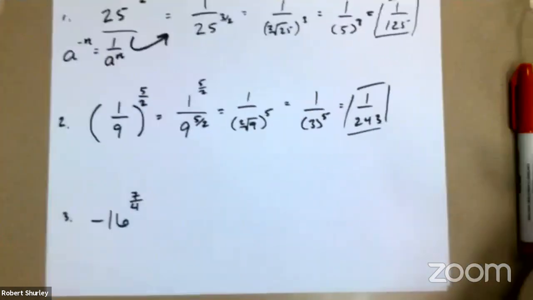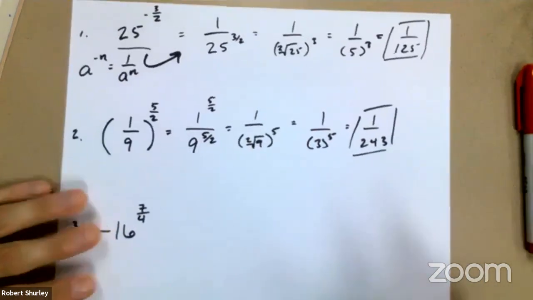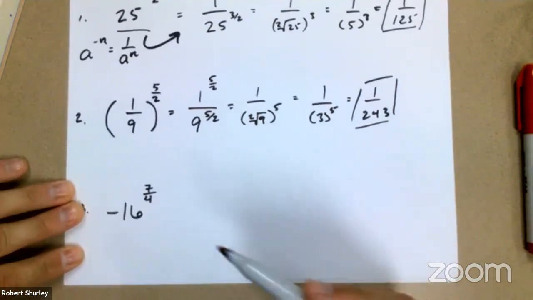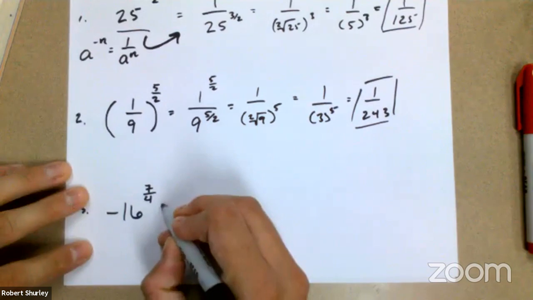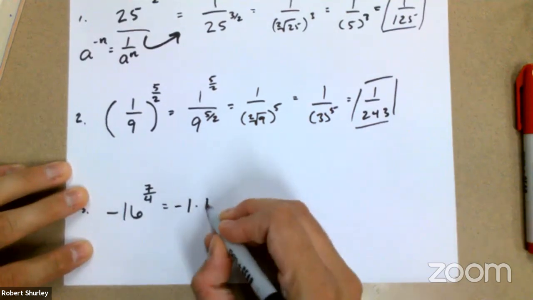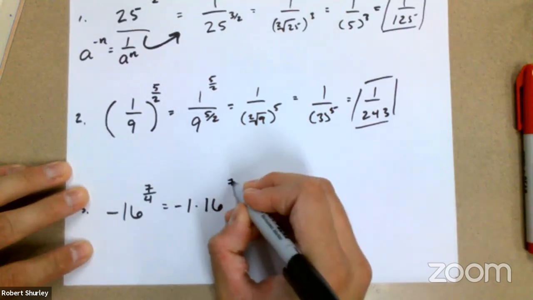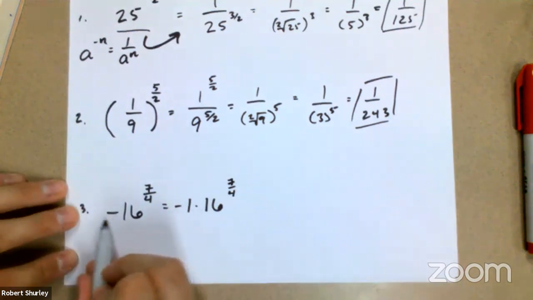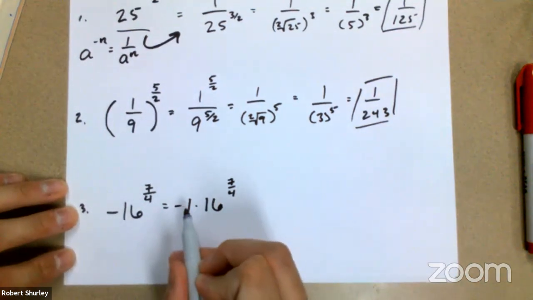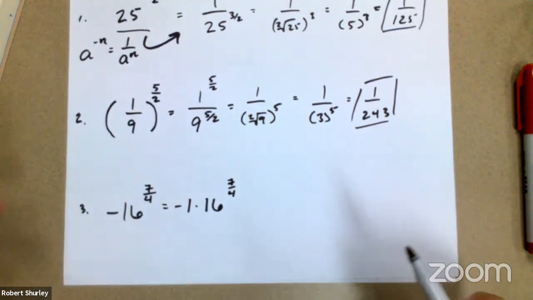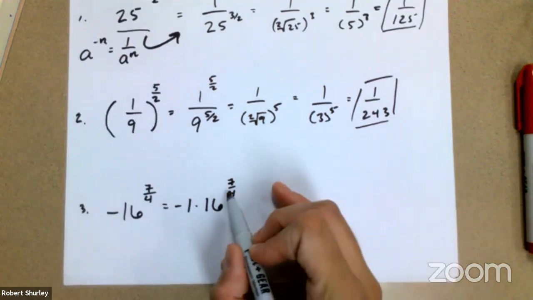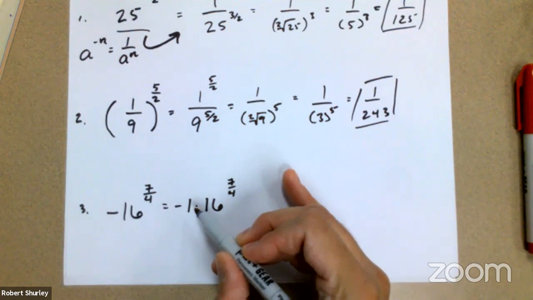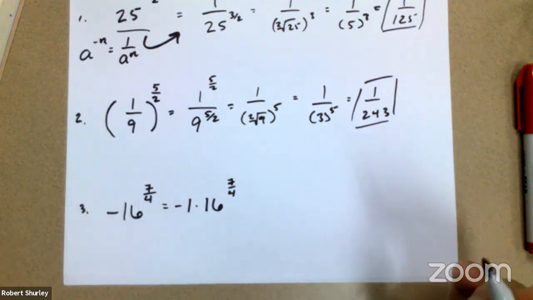Our brains want to raise the 7/4 to the -16, but in actuality, it's -1 times 16 to the 7/4, right? Remember, if there's a negative out front, it's really just a coefficient of -1. And we know with order of operations, please excuse my dear Aunt Sally, we would do the exponent before we would do the multiplication. Okay, that's where it's coming from.